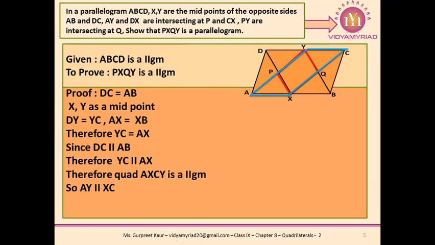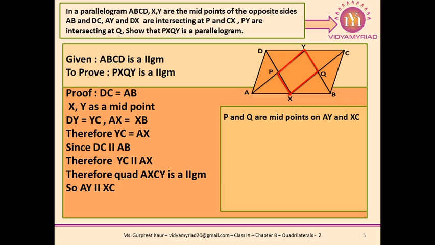So we can say that AY is parallel to XC, and I know that P and Q are the midpoints on these lines. So definitely I can say that AP will be equal to PY because P is the midpoint, and on line XC, Q is the midpoint, so I can say XQ will be equal to QC.